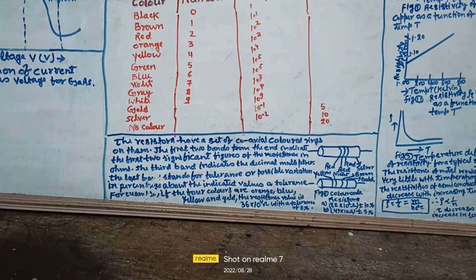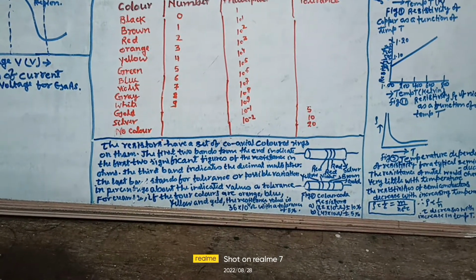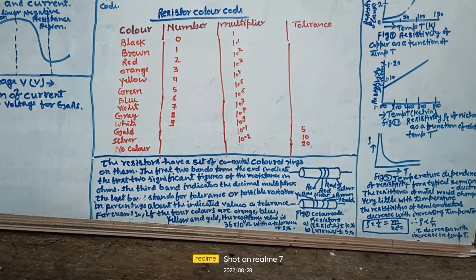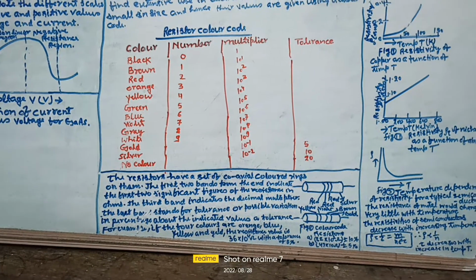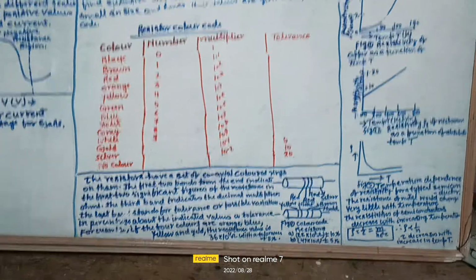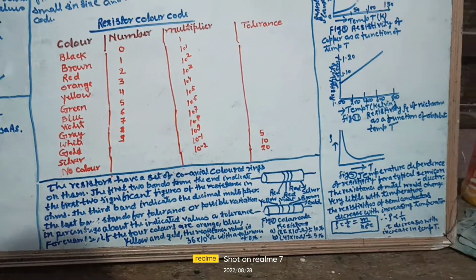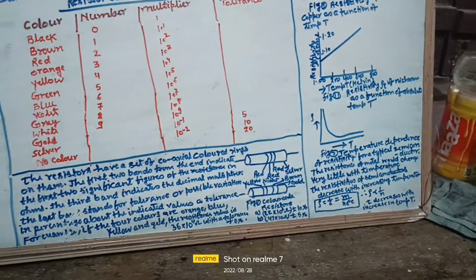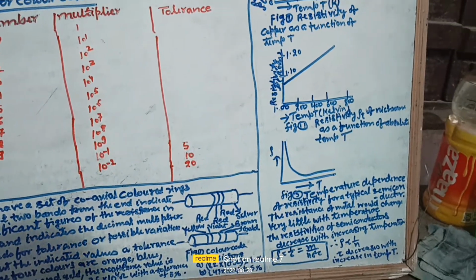The last band stands for tolerance or possible variation in percentage about the indicated value. For example, if the four colors are orange, blue, yellow and gold, the resistance value is 36 × 10 to the power 4 ohm with a tolerance of 5%, as shown in the figure for color code.